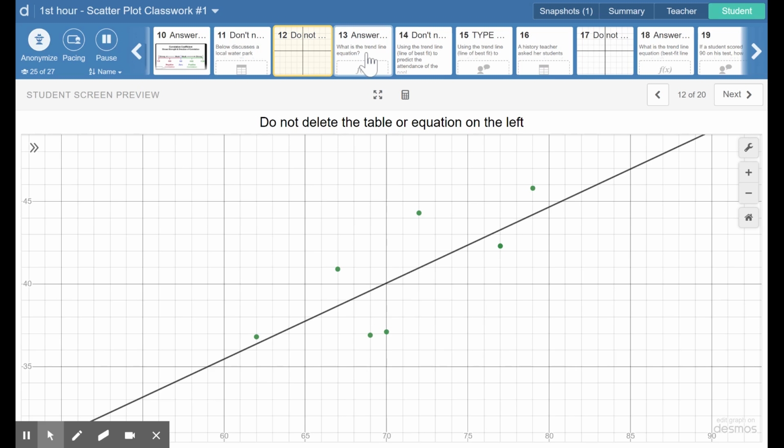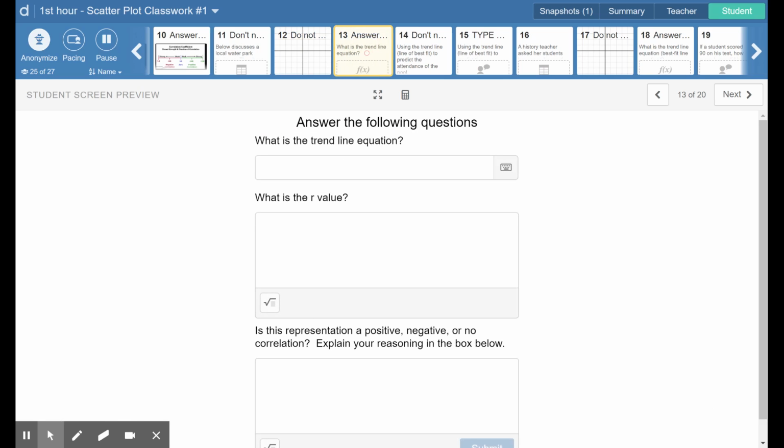So then in the next line, it says, what is the trend line of the equation? Now the equation is in y equals mx plus b, but we need the numbers for the m and the b. So that is where the information from the table is going to come into play. Now we found our m value to be 0.46, and we want to round to the nearest hundredth.